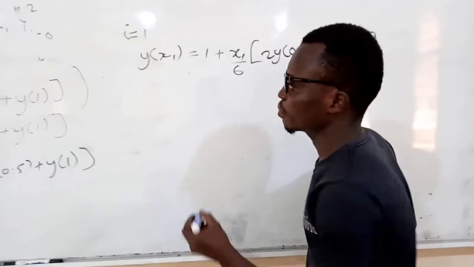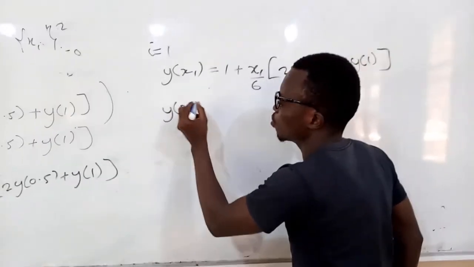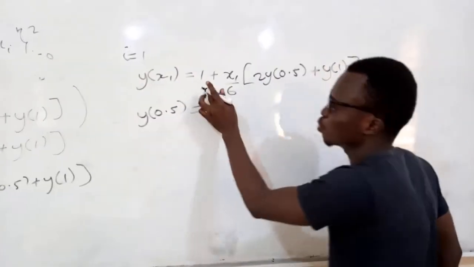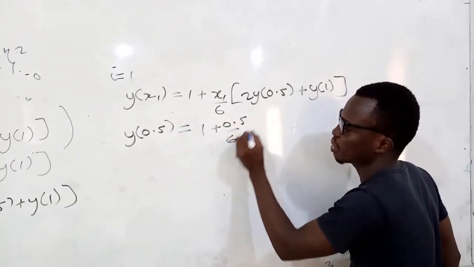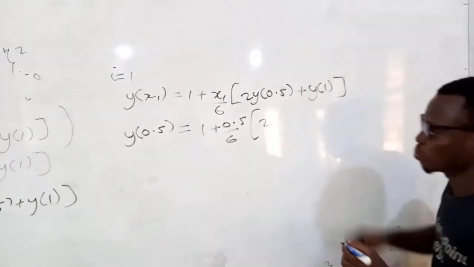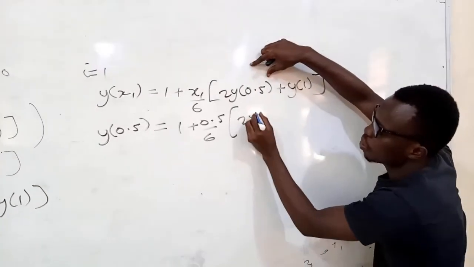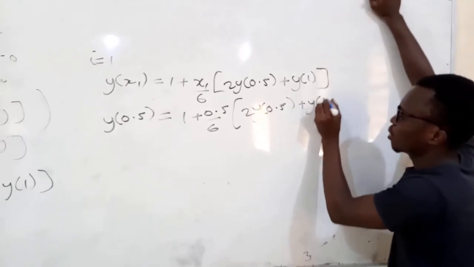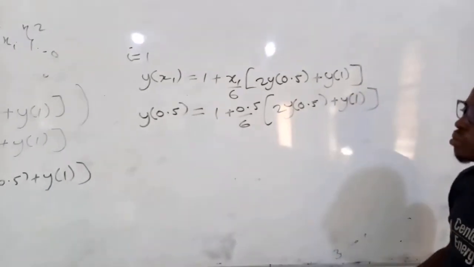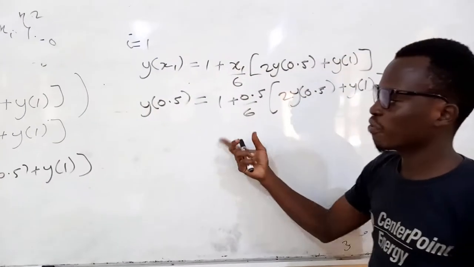We are going to have y of 0.5 equal to 1 plus 0.5 divided by 6, bracket 2 times y of 0.5 plus y1. Let's simplify this.